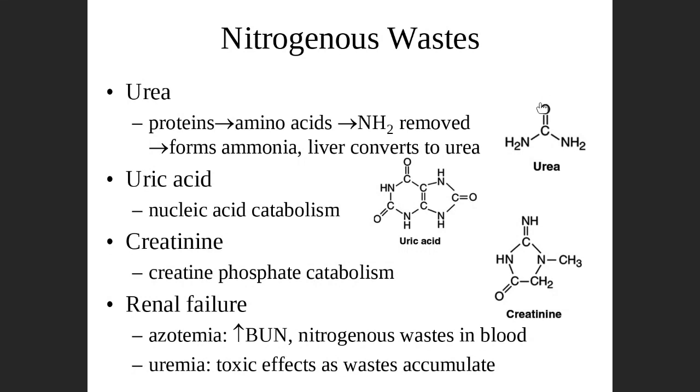So here's what urea looks like. You can see that here's carbon dioxide, here's ammonia and ammonia. Uric acid, you can see how this looks like the base, nitrogenous base of nucleotide. And so typically every nucleic acid will have a base. In this case, we call this purine base, a ribose group like this.